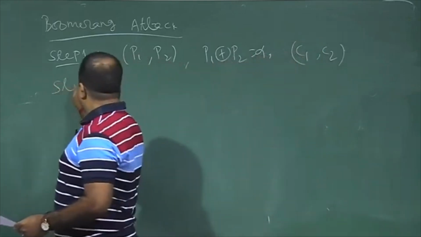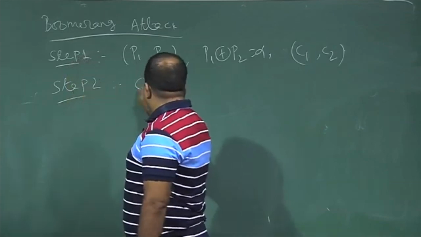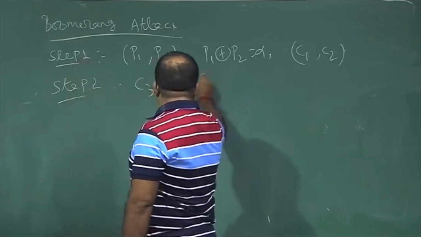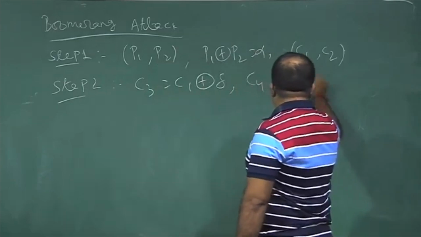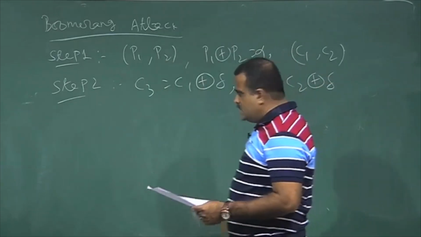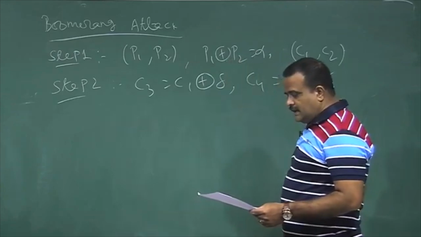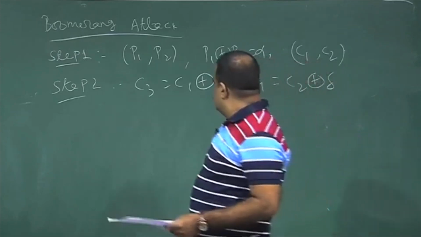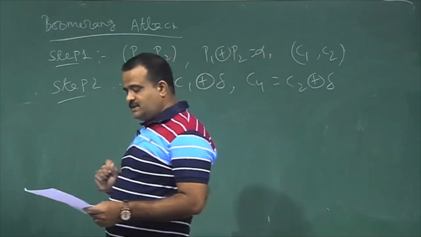Step 2: we choose C3, which is C1 XOR delta, and C4, which is C2 XOR delta. So, that means C1 and C3 have difference delta, and C2 and C4 have difference delta.